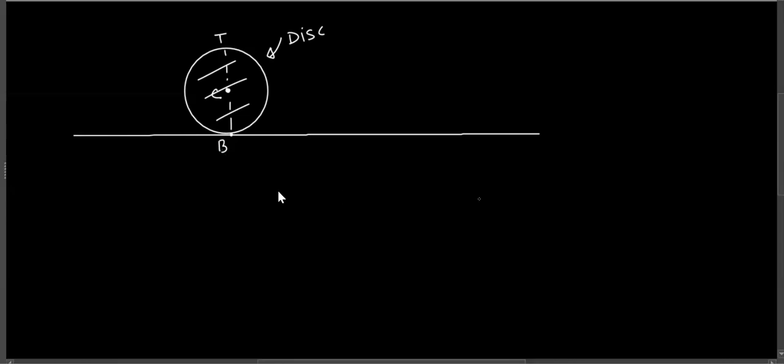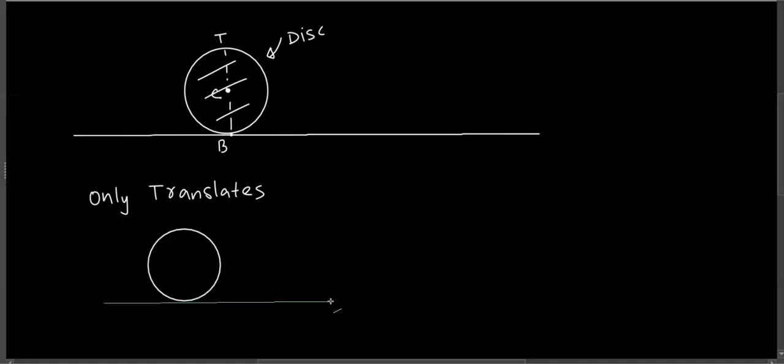Okay, so it's obviously different points. Suppose this disk only translates. The disk has some center of mass velocity, right? And can I say that every particle of the disk will have the same velocity if it only translates?